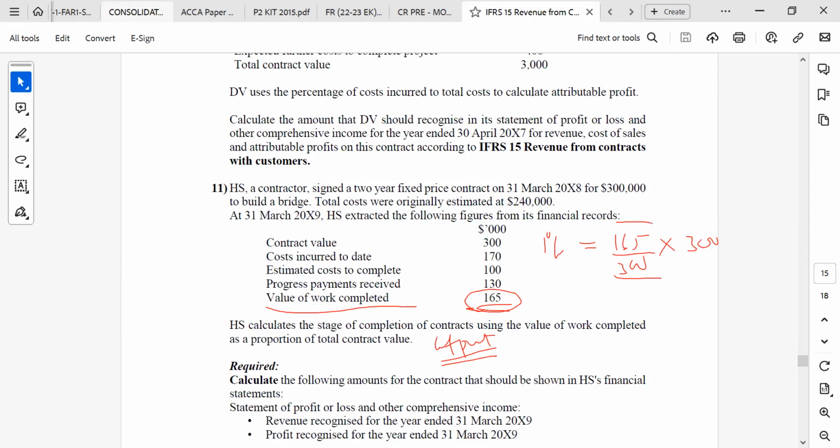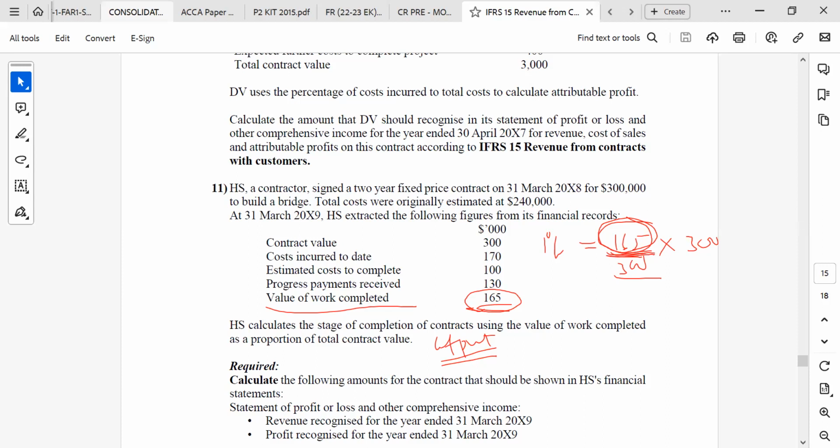For this one, the revenue will always be the value of the work that you have completed. If you want to recognize revenue, revenue will always be the value of the work that you have completed. So what is the portion of the cost that you have incurred on this particular one? This is how we calculate it. So the revenue will always be the value of the work certified or the value of the work completed. If you're using the input method, you only have to calculate the revenue.